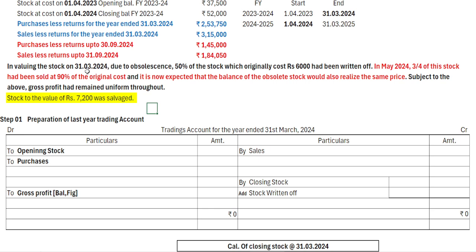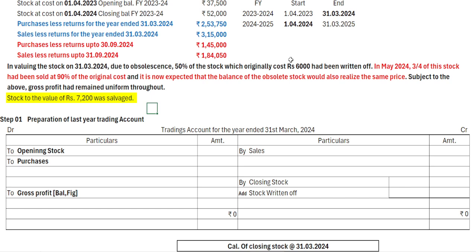The value of stock on 31st March 2024: due to obsolescence, 50% of stock which originally cost 60,000 had been written off, which means the goods pricing is reduced to 50%.